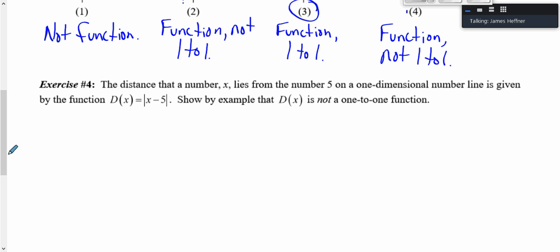The distance a number lies from the number 5 on a one-dimensional line is given by the function d of x for distance equals, you remember this, the absolute value of x minus 5. What kind of answer is absolute value? Always positive. If you take the absolute value of -2, what is that? 2.